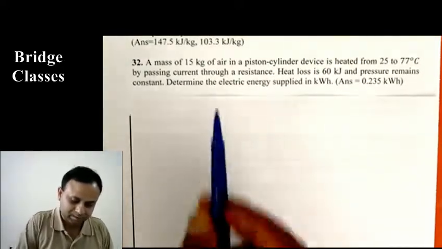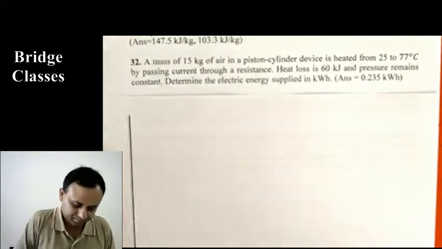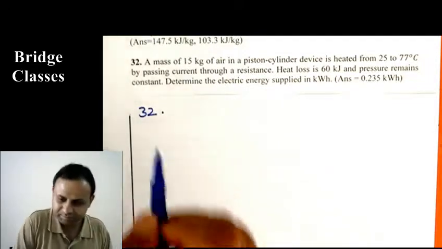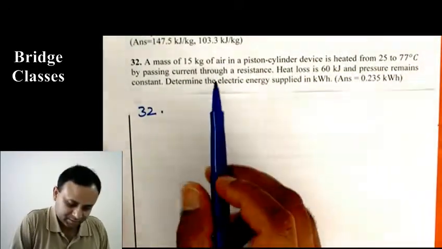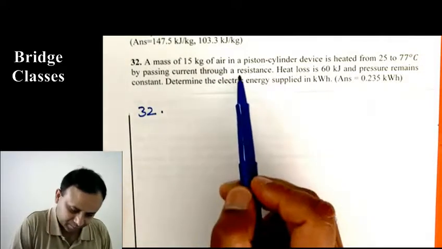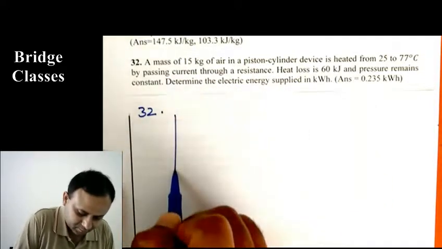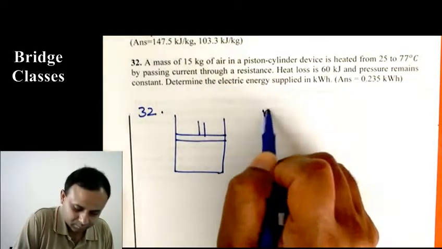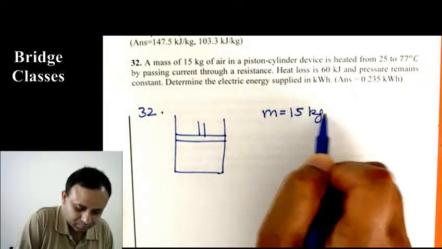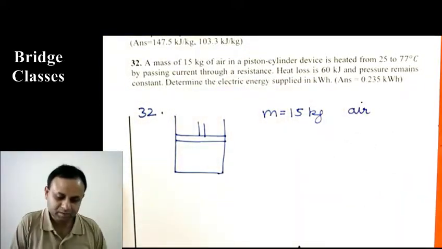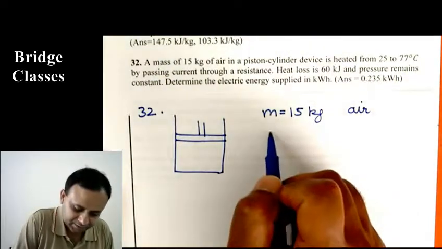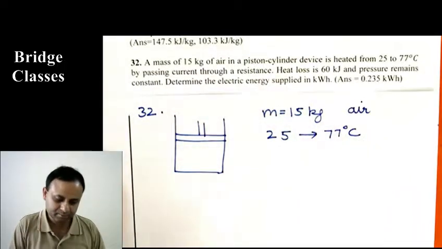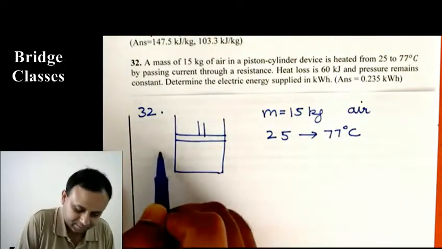So let us look at number 32. I'm going to do 3 more problems and then we will be done with this topic. It says 15 kilogram of air in a piston cylinder device is heated from 25 to 77 degrees C by passing current through a resistance.